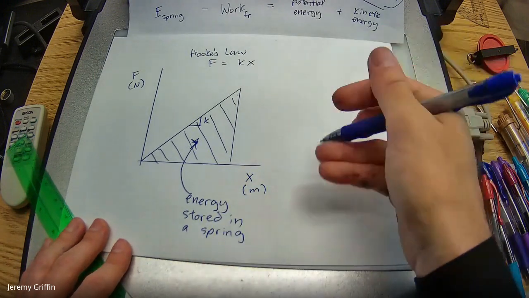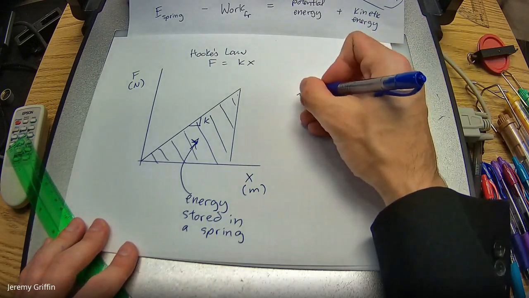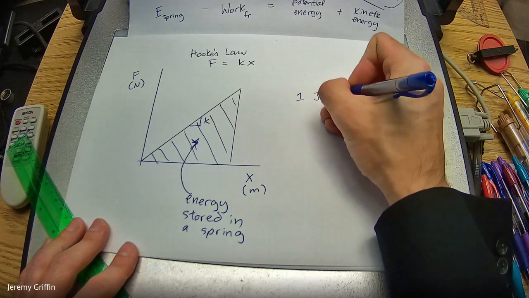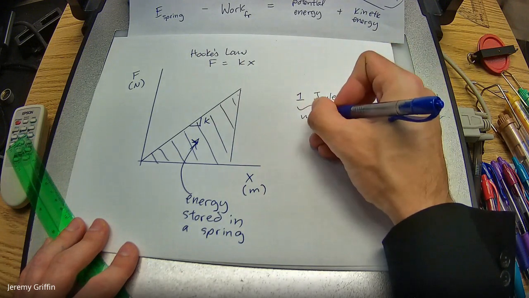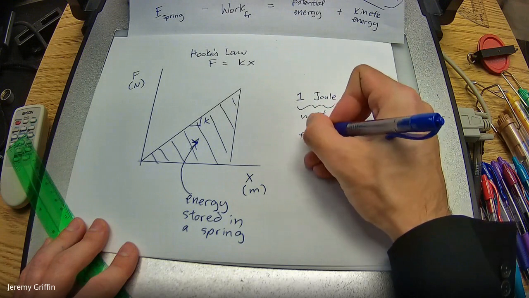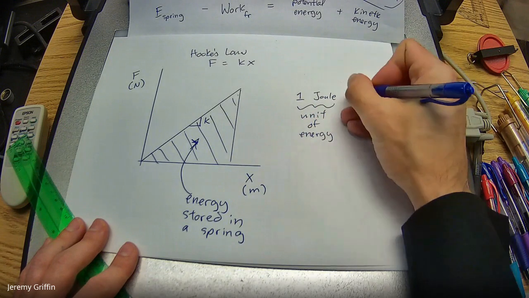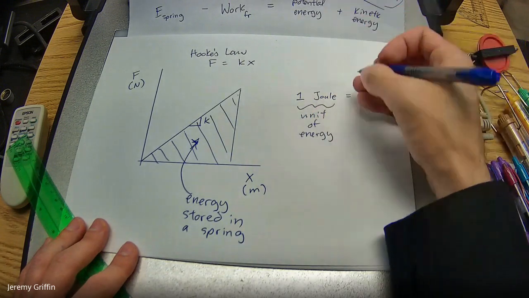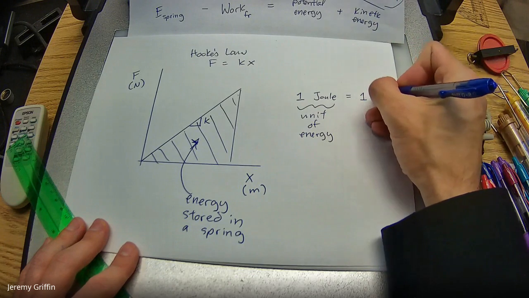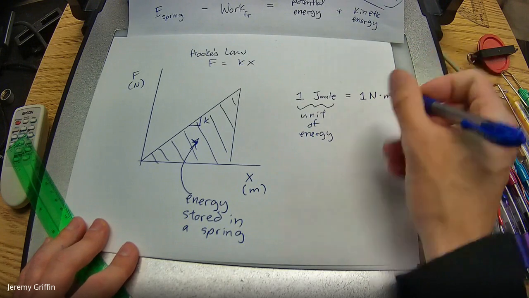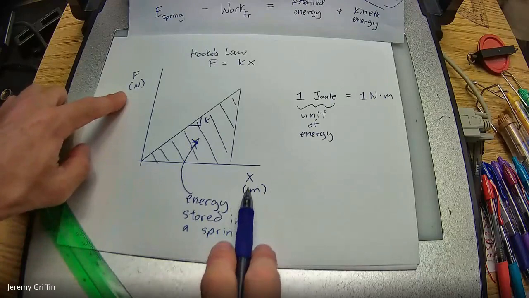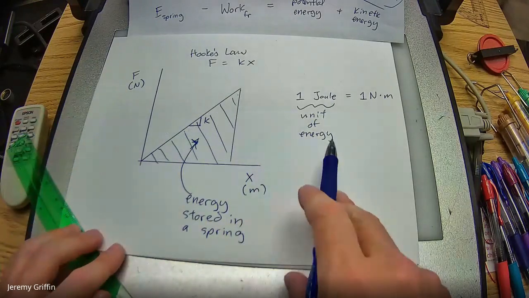Why is that? Because 1 joule, which is a unit of energy, is a composite unit, just like the newton. It actually breaks down into 1 newton times meter, which happens to be newton meters. That's the area of that triangle, isn't it?